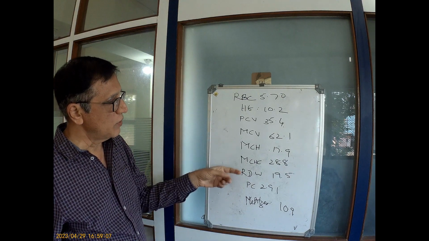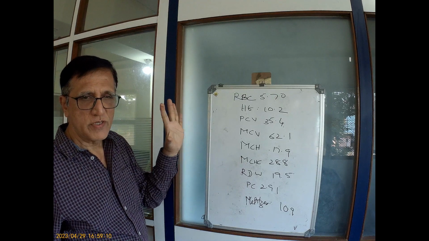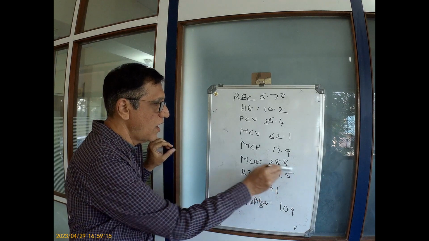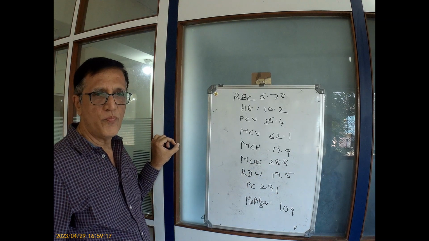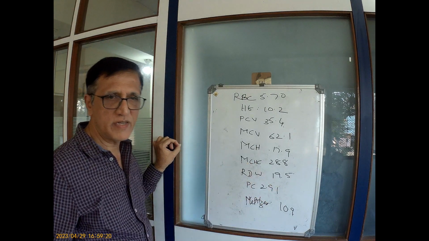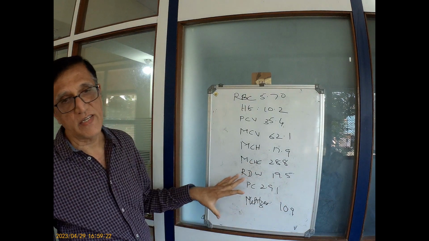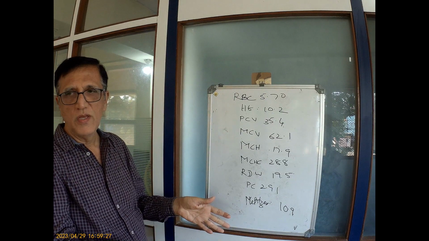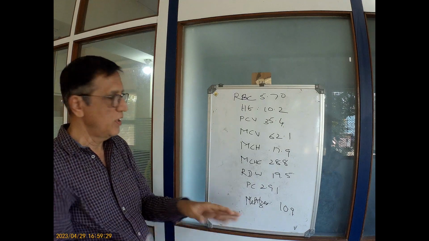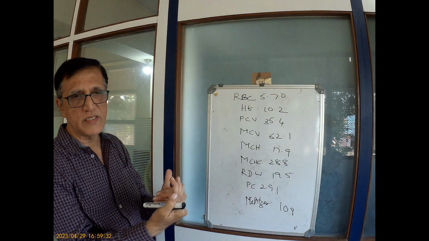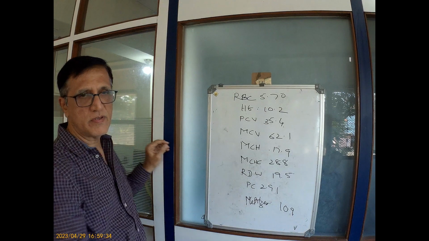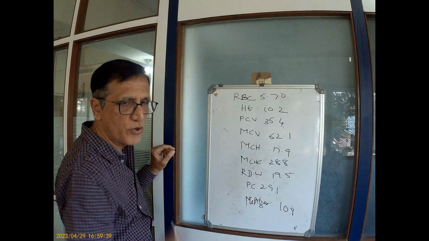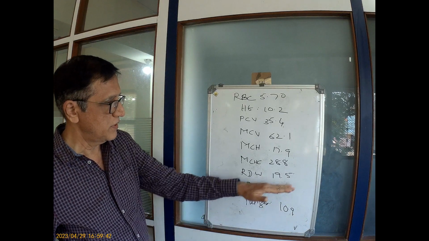Okay. Now, we got this. If you see the RDW is 19.5. Red cell distribution width, as I explained in thalassemia, everything is normal, only the globin part is not normal, so the distribution width is not going to increase, whereas for iron deficiency the number is going to increase. So this is increasing, but yet the Mentzer index is 10.9, so it is thalassemia, but the RDW is 19.5.